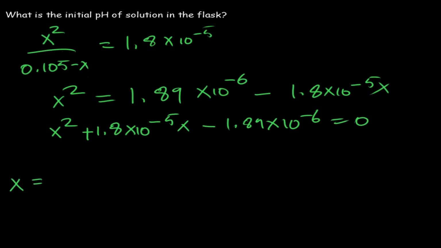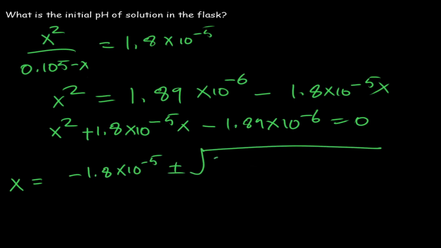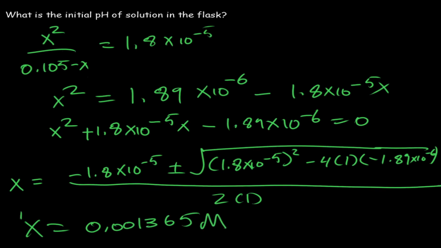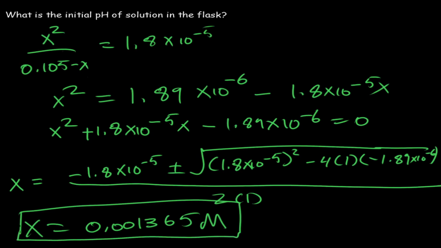And if we set up our quadratic formula, X will equal negative 1.8 times 10 to the negative 5 plus or minus the square root of 1.8 times 10 to the negative 5 squared minus 4ac. All of this will be divided by 2a, and we will get a positive X value of 0.001365 molar. So this is our concentration of our hydroxides.